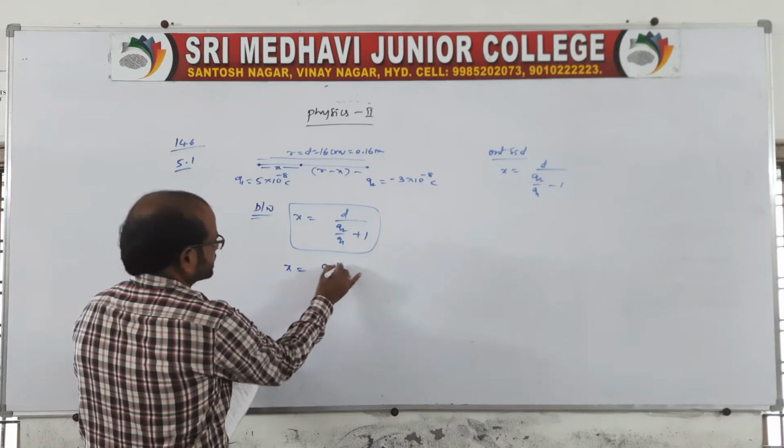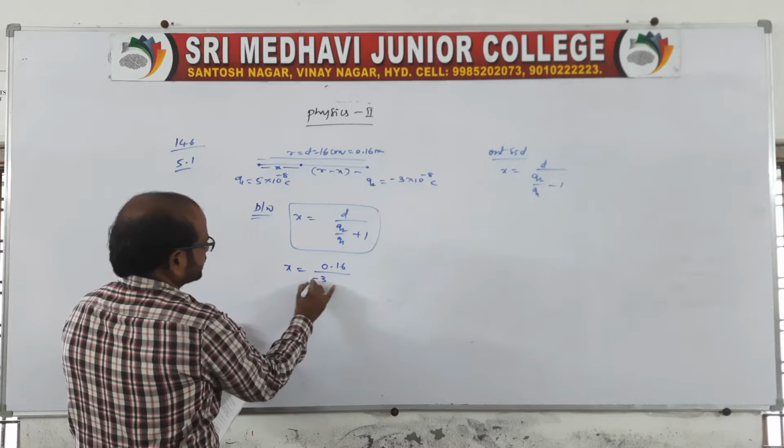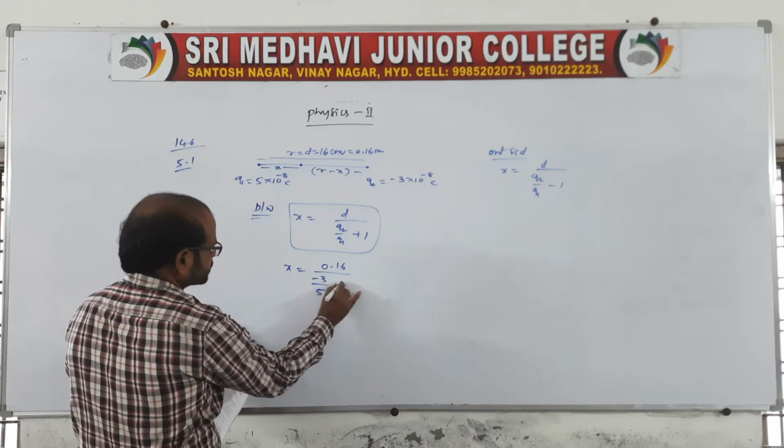So 0.16 divided by (Q2 by Q1, that is minus 3 by 5, plus 1).